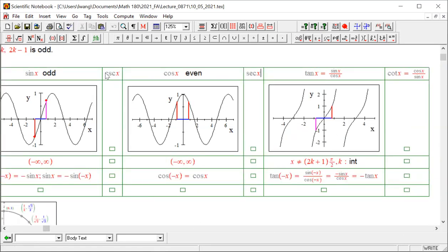You need to work on secant, cosecant, cotangent. You don't need to get the picture, don't worry about the picture. Just on domain and even-odd property. Only domain and even-odd.